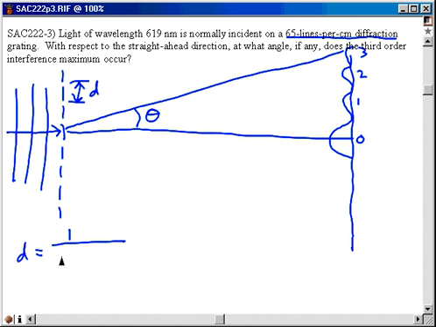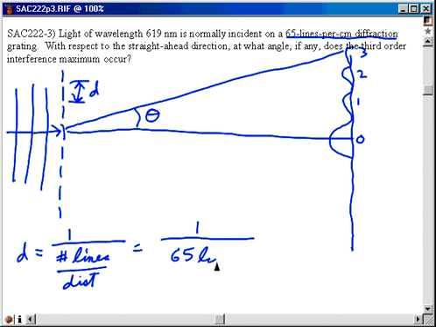Therefore, it's 1 over the number of lines per distance, which is what we're given. So it's 1 over the number of lines, which is 65, given to 2 sig figs, lines per centimeter. And I'm going to put that down as 1 times 10 to the minus 2 meters, but that should not be taken as 1 sig fig.